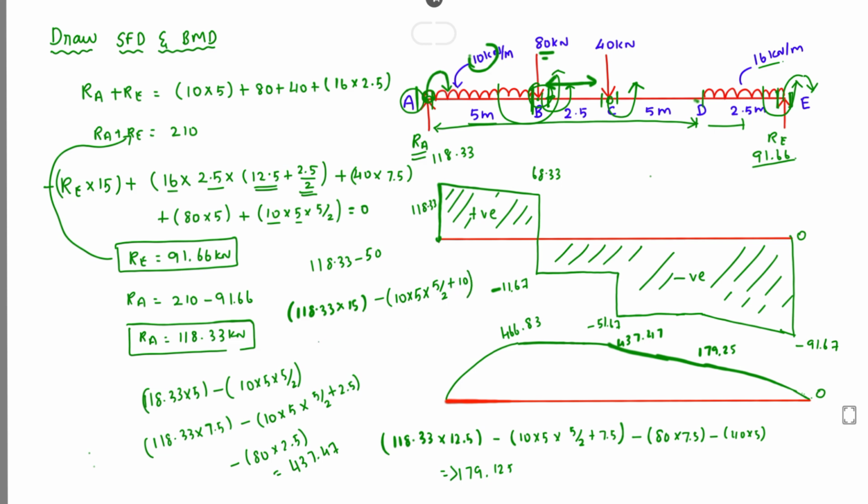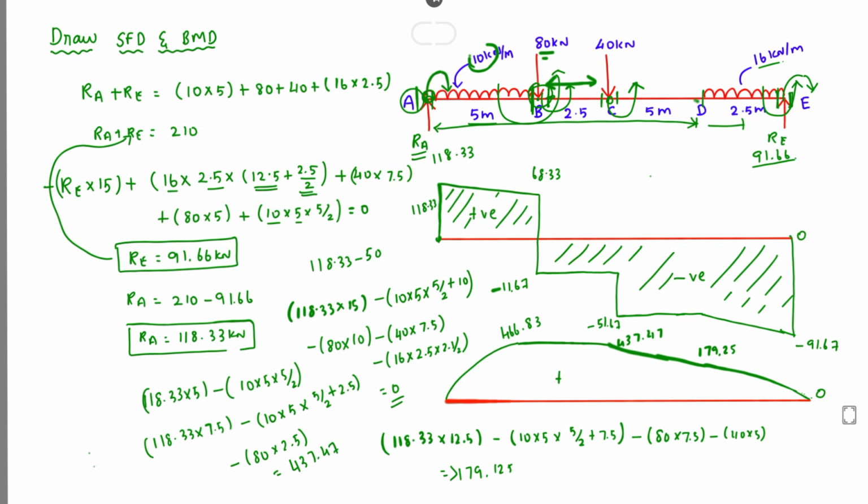Again minus 80 kilonewton point load into 10 meter, again minus 40 kilonewton into 7.5 meter, again minus the force of 16 kilonewton into 2.5 into 2.5 divided by 2. Okay, so now we got the value of 0.